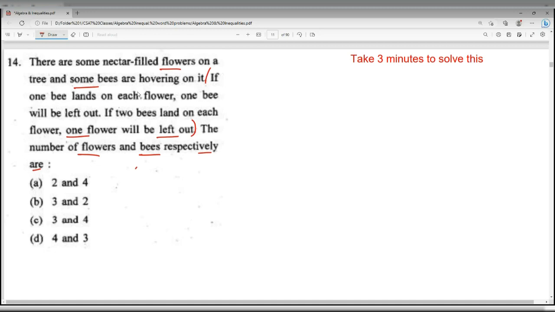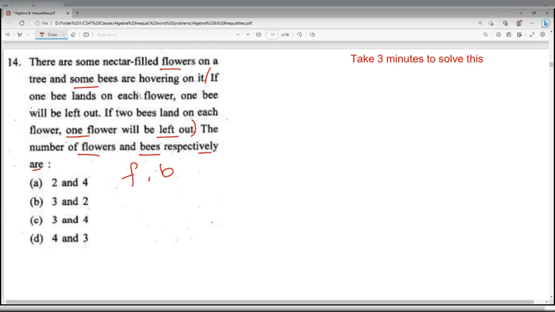Let the number of flowers be F and number of bees be B, and then we'll convert these statements into equations. In the first sentence they are saying if one bee lands on each flower, one bee will be left out.